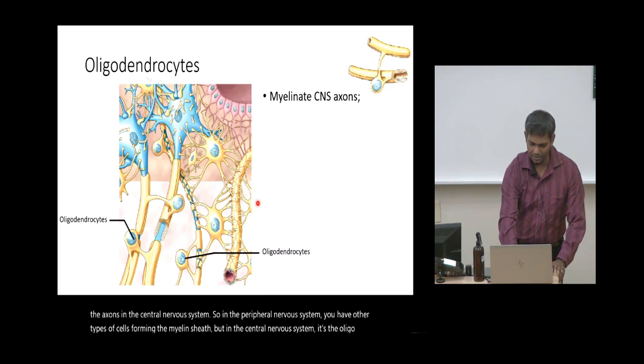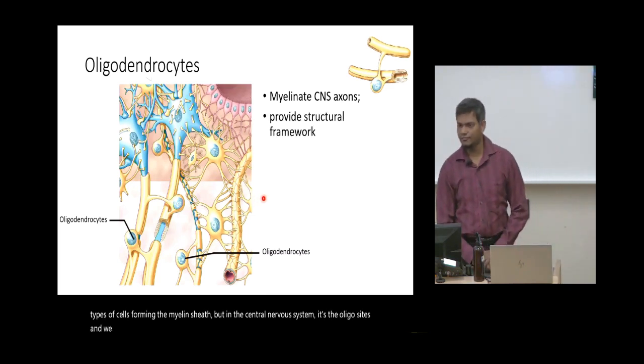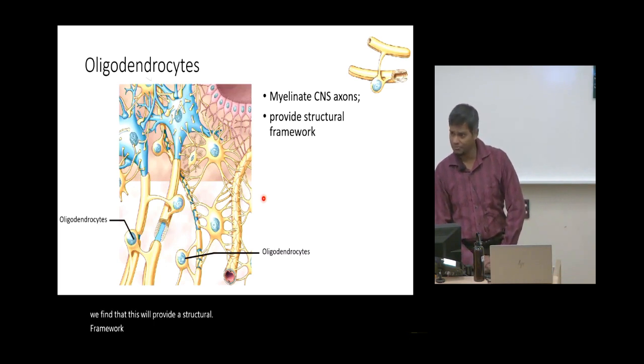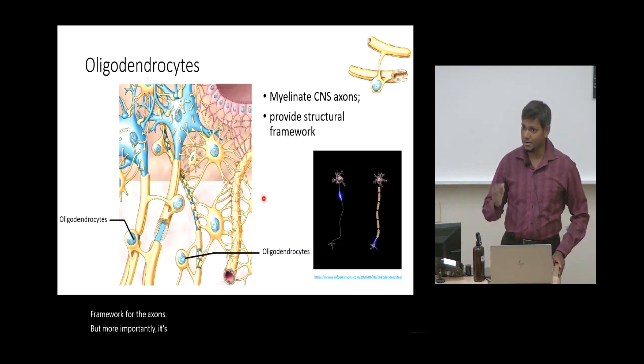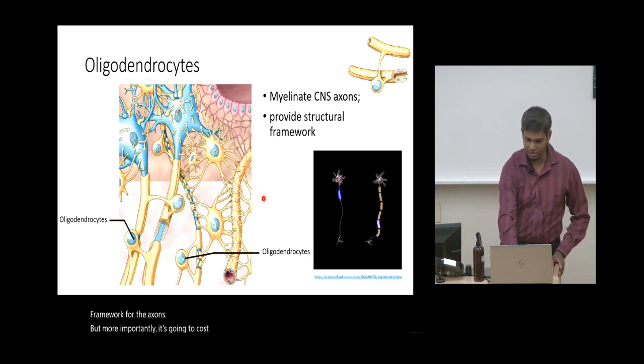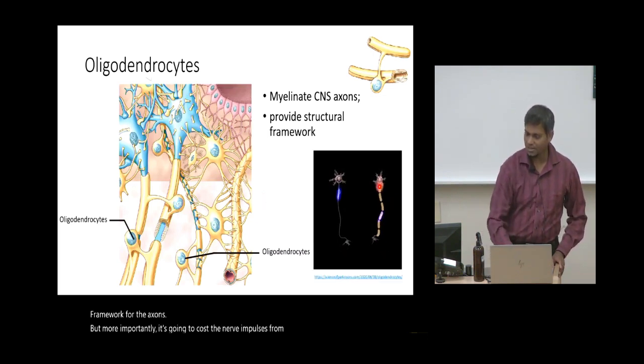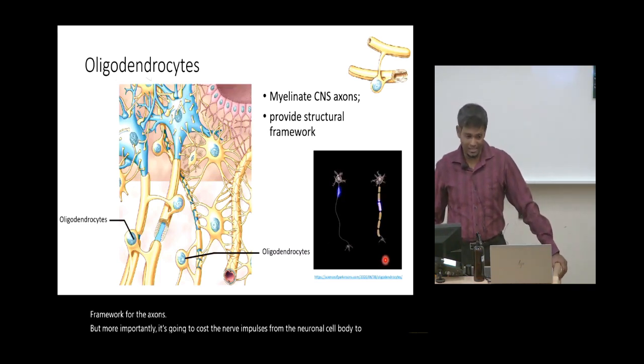And this will provide a structural framework for the axons, but more importantly, it's going to cause the nerve impulses from the neuronal cell body to move at a much faster pace along the axon.